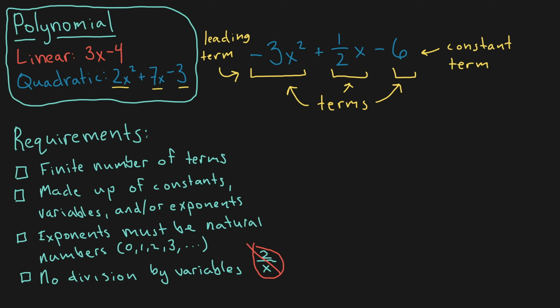And then the numbers that are in front of the variables, those are called our coefficients. And I'll underline those in teal here. So the first term here has a coefficient of -3, and then this has a coefficient of 1/2, and then our constant term, that's a coefficient of -6, and our leading coefficient is attached to our leading term.